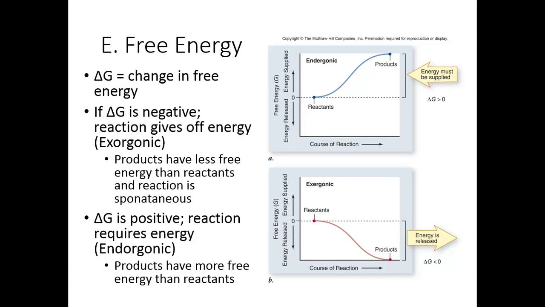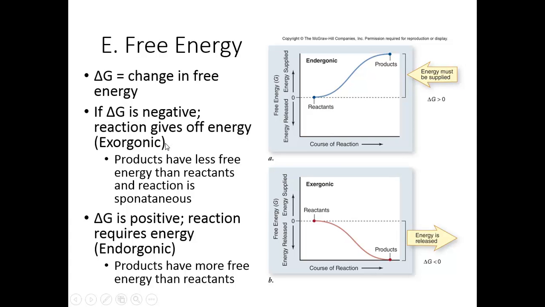It requires energy, and in the end, you're going to have less energy than when you started. And that is called an endergonic reaction. When you have negative free energy, ones that give off energy, those are exergonic.